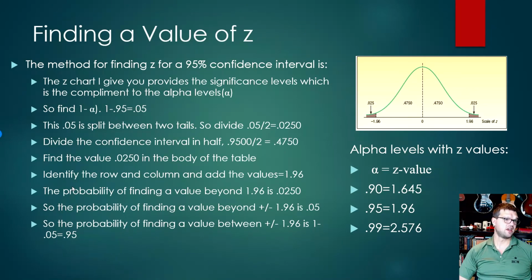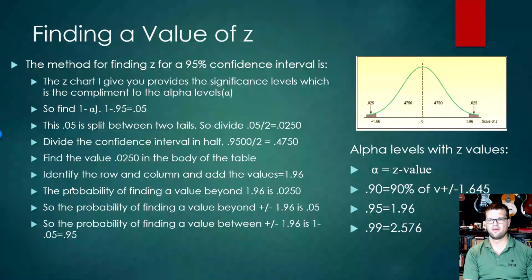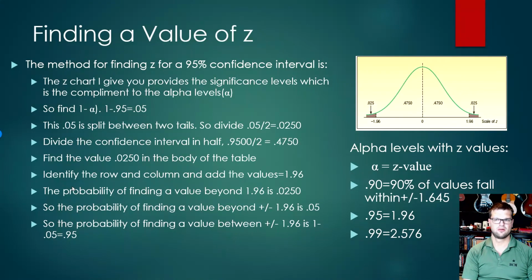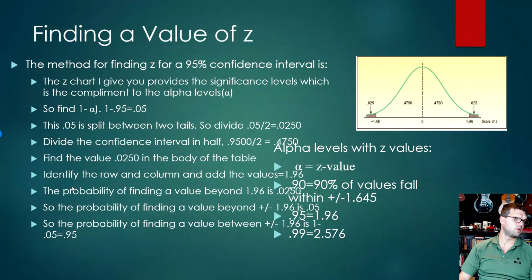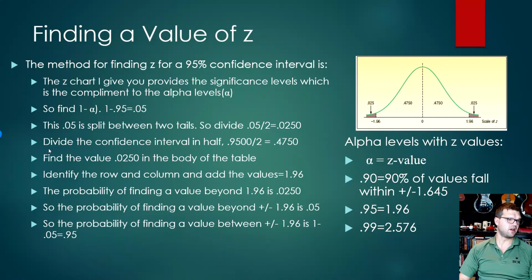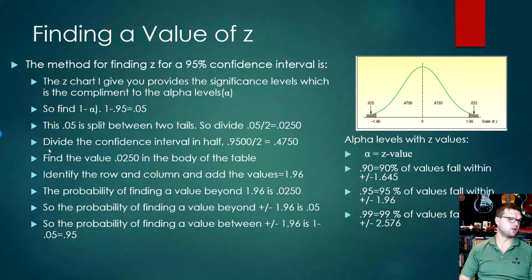But what you need to know is that 90% of values fall within 1.645, 95% of values fall within 1.96, and 99% of values fall within 2.576.